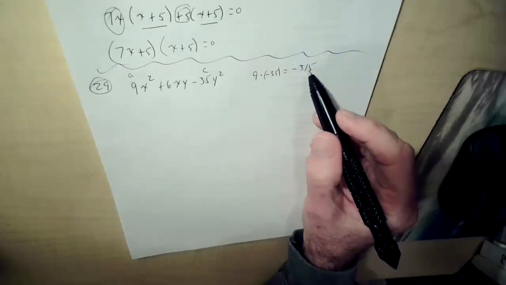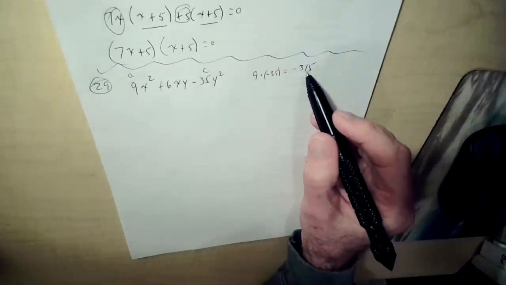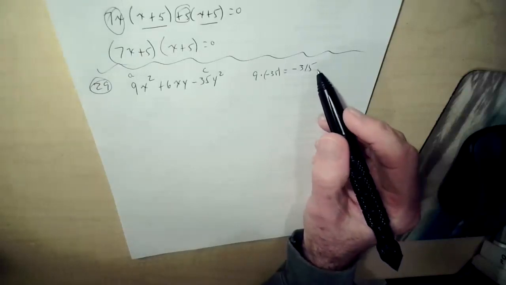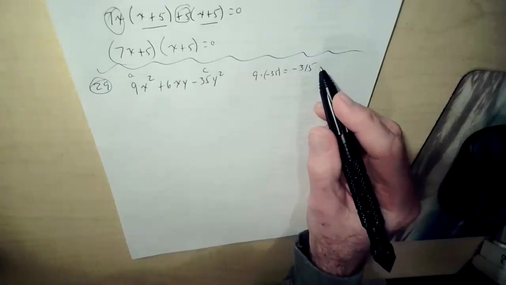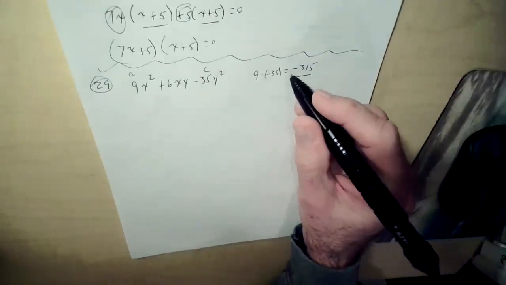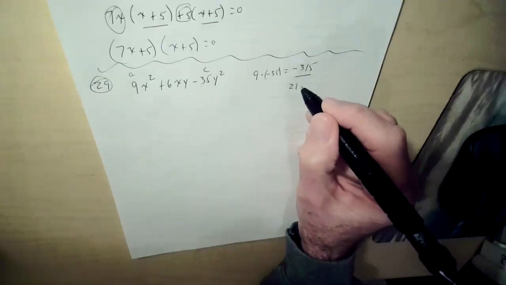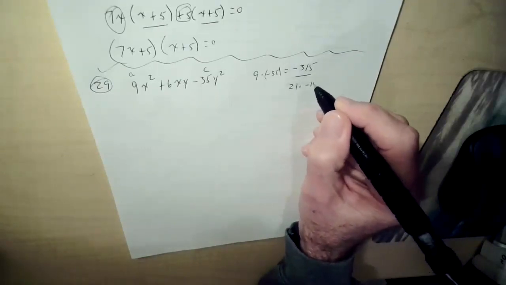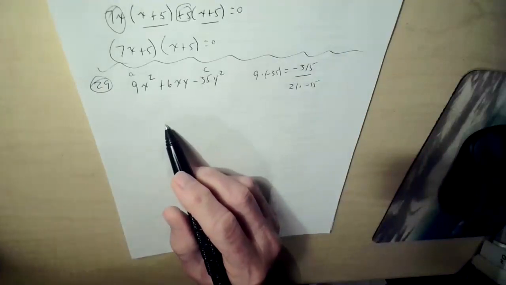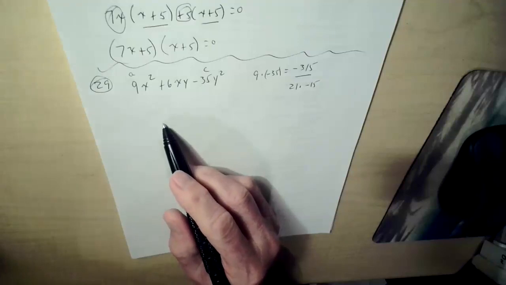And I will tell you, 4 and 5 is 9. 3 will go into here evenly. 5 will go in there evenly, of course. I'll tell you what the factors of this are, and that is 21 times negative 15.